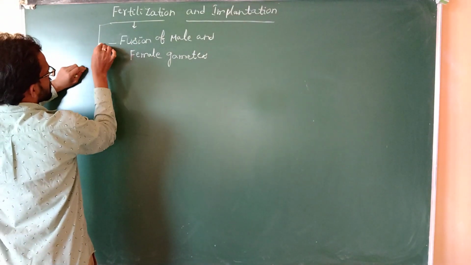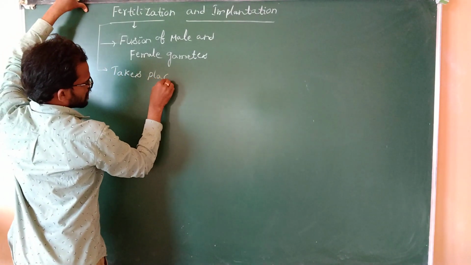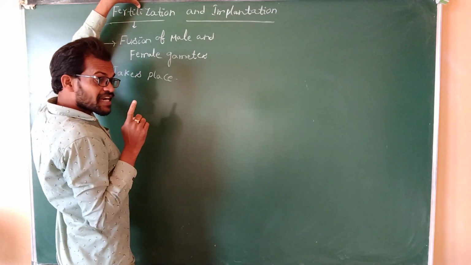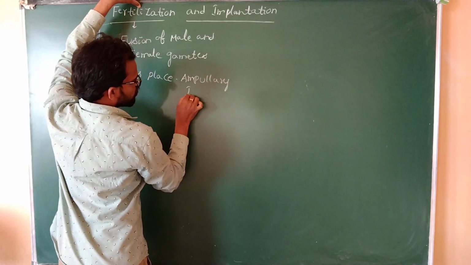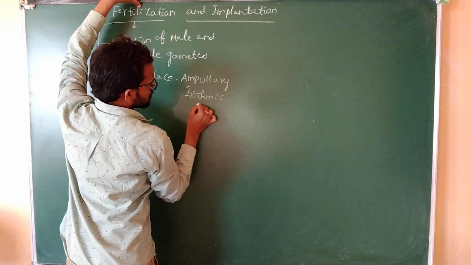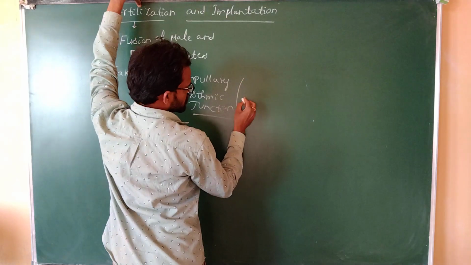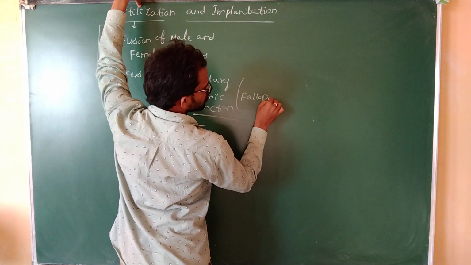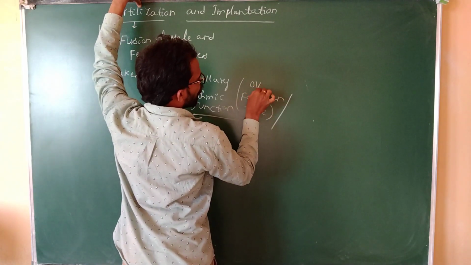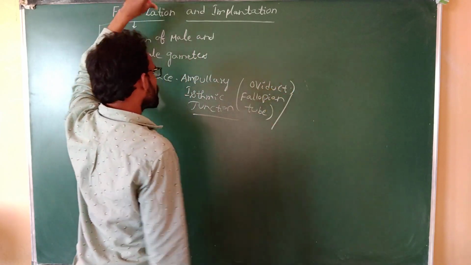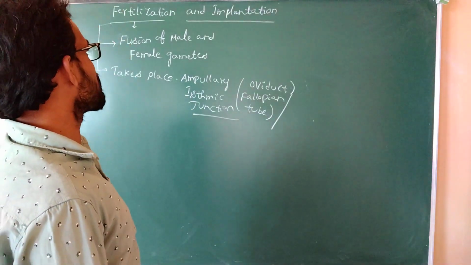The ampullary isthmic junction is part of the fallopian tube, also known as the oviduct. So fertilization takes place in the ampullary isthmic junction, that is, the oviduct or fallopian tube.